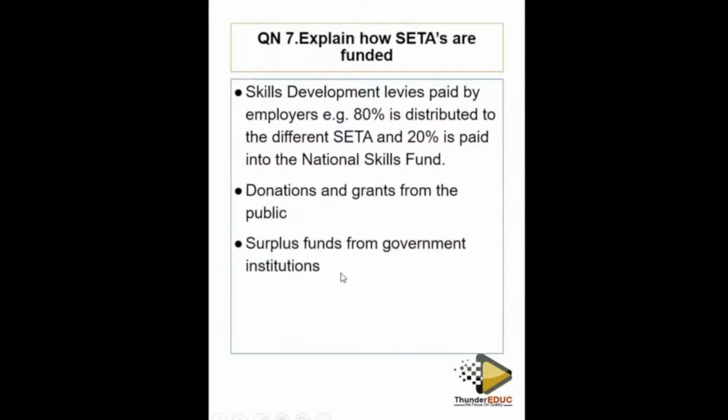Some government institutions may be given a budget, but after the fiscal year they are still left with some money they didn't spend. Such money they give to SETA. Also funds received from rendering services. Whenever SETA renders services, they get paid, and with that money they can also finance skills development.